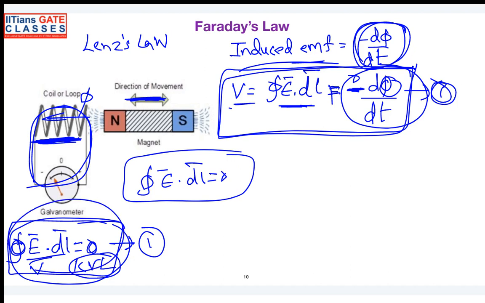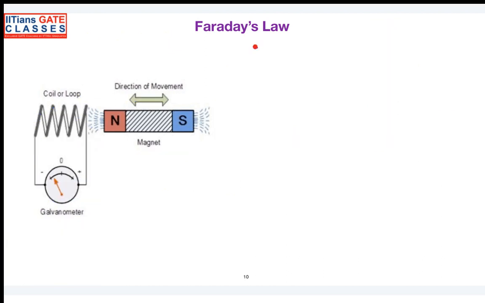But since it is having a finite value, when you go for time varying fields, the electric field is said to be non-conservative. So your integral E dot dl is not going to be equal to 0. That is due to the rate of change of flux with respect to time. Whatever the induced EMF you have created is the rate of change of flux with respect to time.